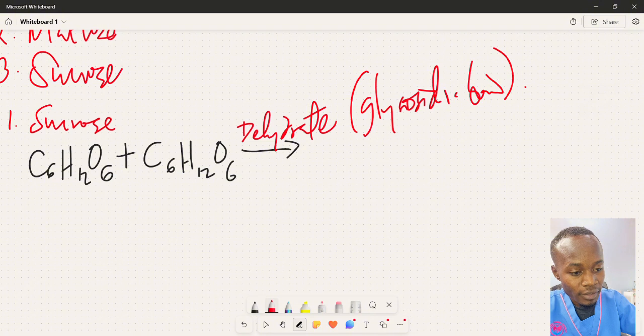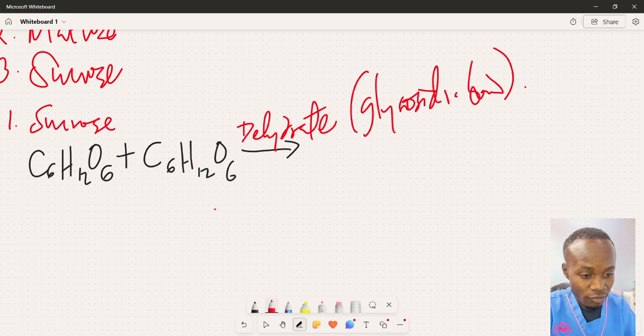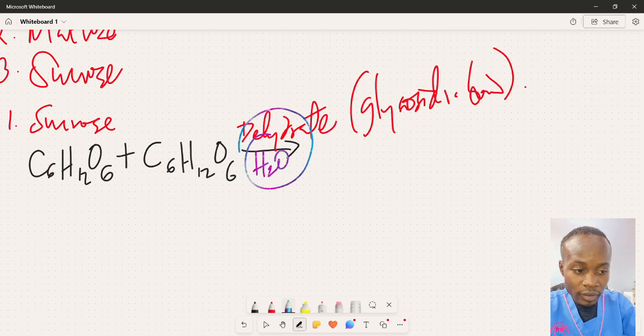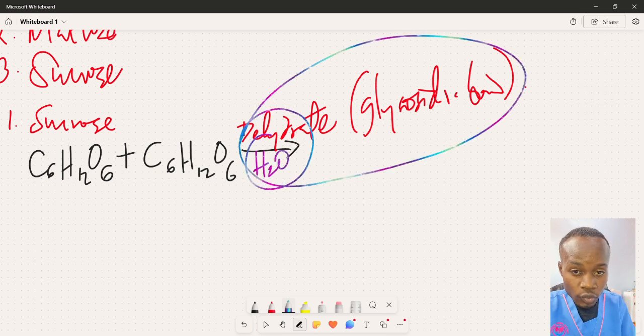So when we combine these two simple sugars, we are going to get a disaccharide. And through the process of dehydration that we've written here, we are going to lose a molecule of water in all this process.